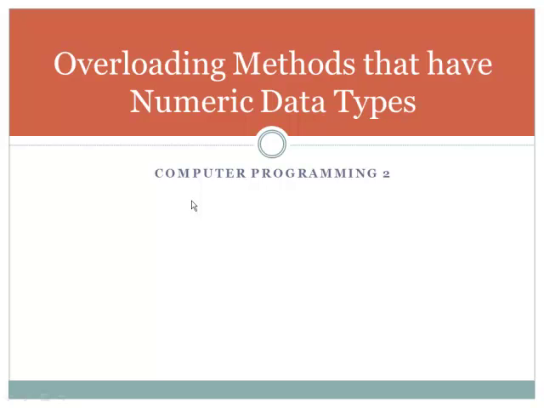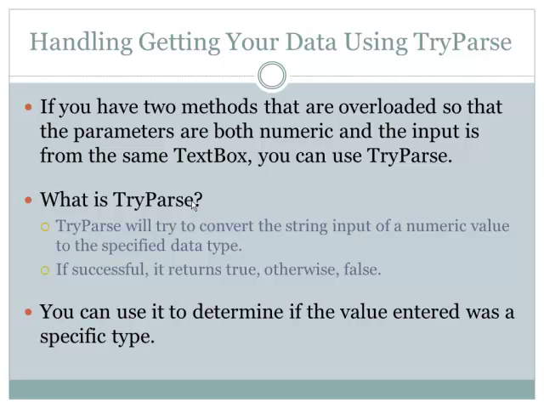We can also overload methods that have different numeric data types, such as double versus integer, as I showed you. But when we convert that information from the text box, we need to be able to tell it how to convert it. Should it convert it to an integer, or should it convert it to a double?